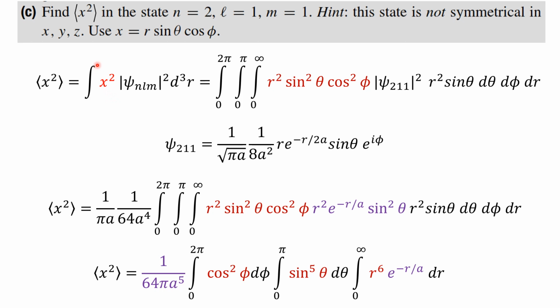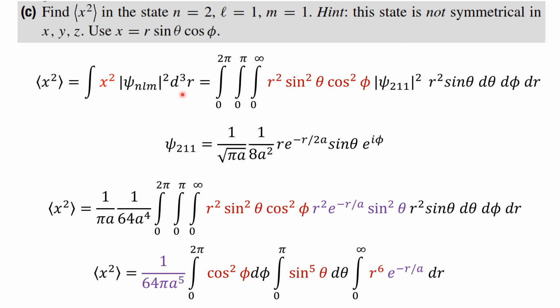And the x squared, you know, this is r squared sine squared theta cos squared phi. And this wave function, where n equal to 2, l equal to 1, m equal to 1, modulus psi 211 squared.